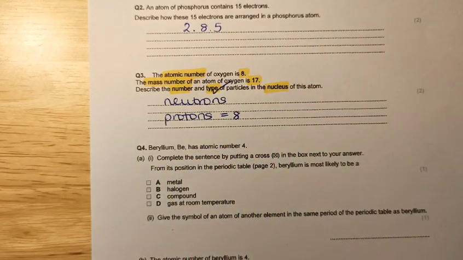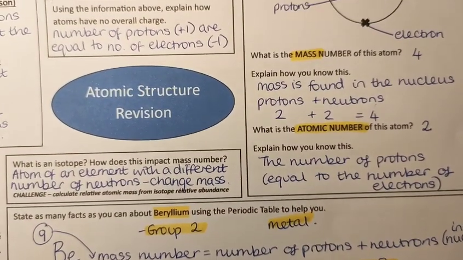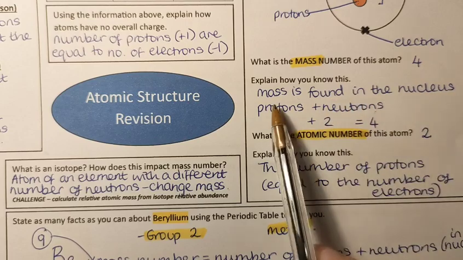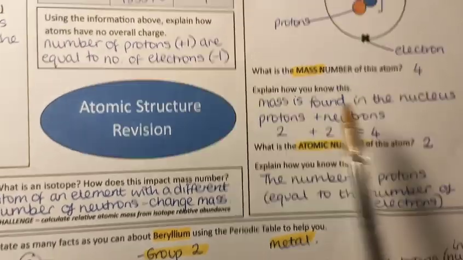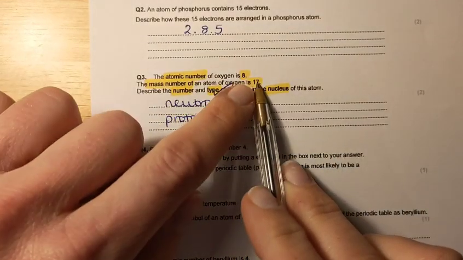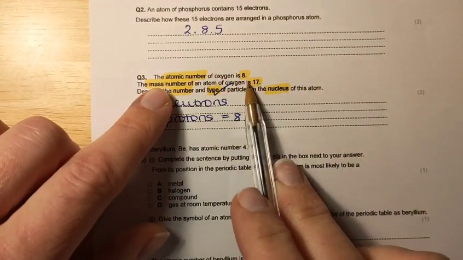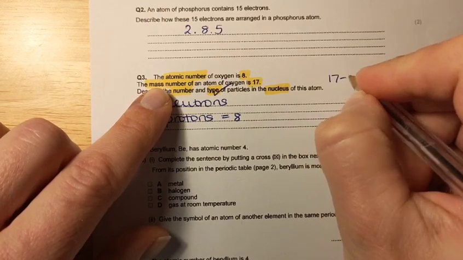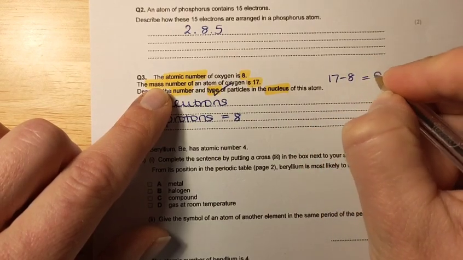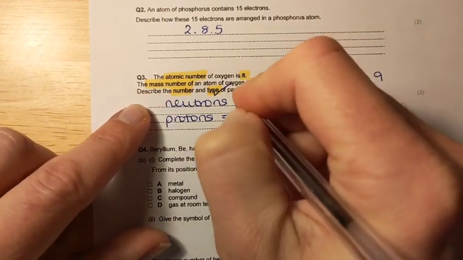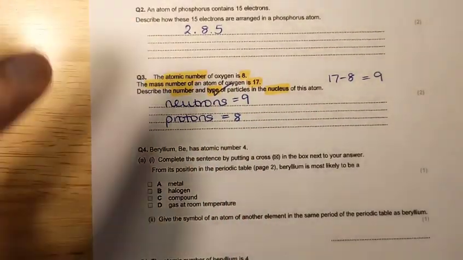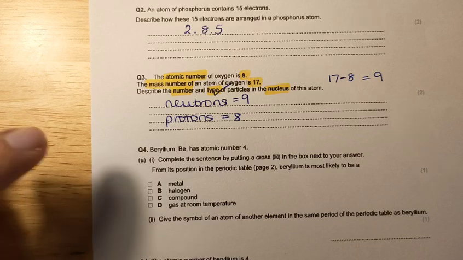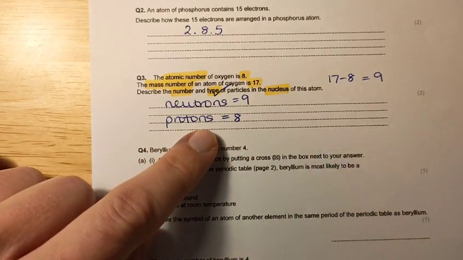And then the mass number, if we go back to this previous one as well, mass number is found in the nucleus, and is the protons plus neutrons. So protons plus neutrons would be 17. So we do 17, take away 8, which is 9. Okay, so the number of neutrons is 9 there. So we need to make sure we have done that calculation and we haven't got the word electron in there.